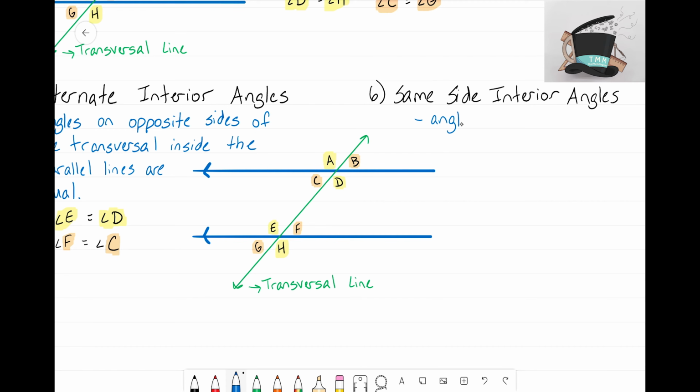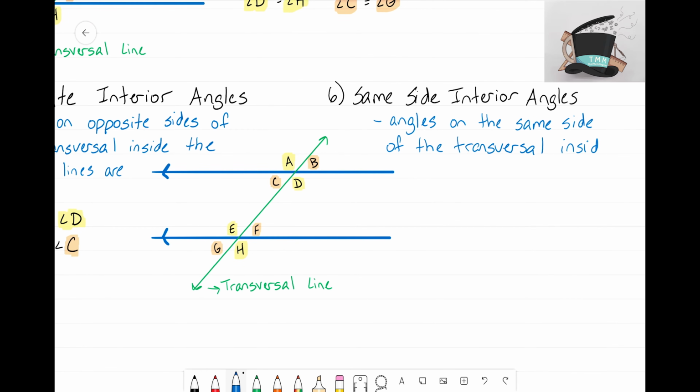They are angles on the same side of the transversal, inside the parallel lines.